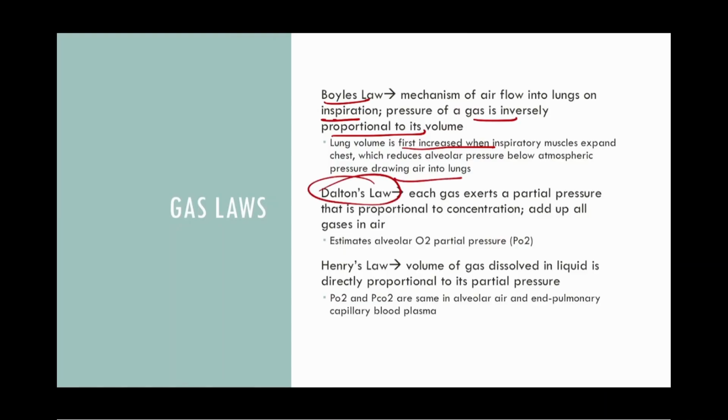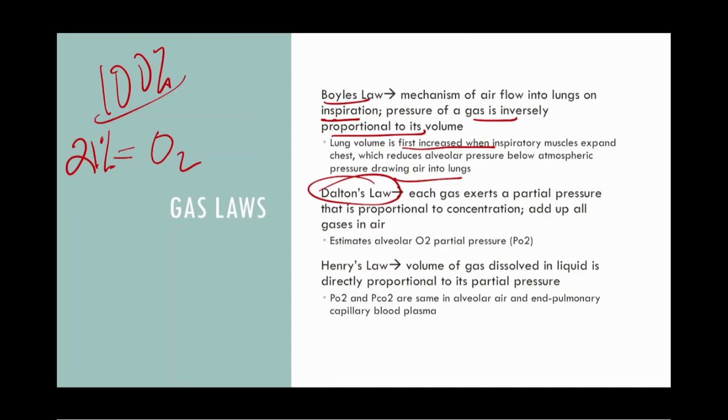Next, Dalton's law. Each gas has a partial pressure that's proportional to its concentration. In the air right now, out of 100% of the air that we breathe in, what percent is O2? About 21%. 21% of the air you're breathing in right now is oxygen.